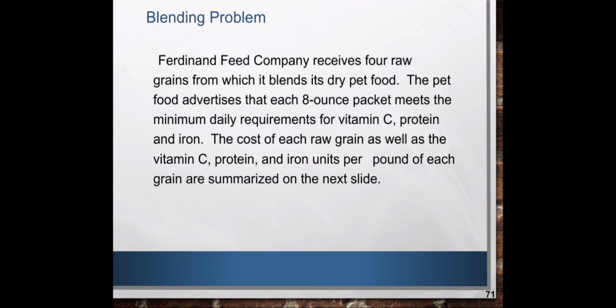Ferdinand Feed Company receives 4 raw grains from which it makes pet food. The pet food advertises that each 8-ounce packet meets the minimum daily requirements for vitamin C, protein, and iron. The cost of each raw grain as well as the vitamin C, protein, and iron units per pound of each grain are summarized on the next slide.